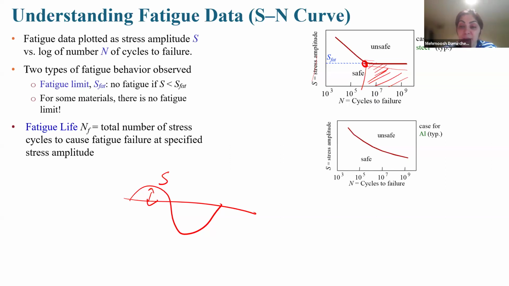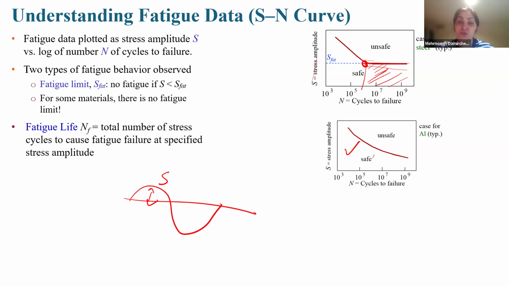No fatigue limit means you see a curve that is completely curved and does not reach a steady state or horizontal. I'm talking about this one: it has a fatigue limit because it reached a steady state. But here the curve is completely curved and does not reach a steady state, so there is no fatigue limit.